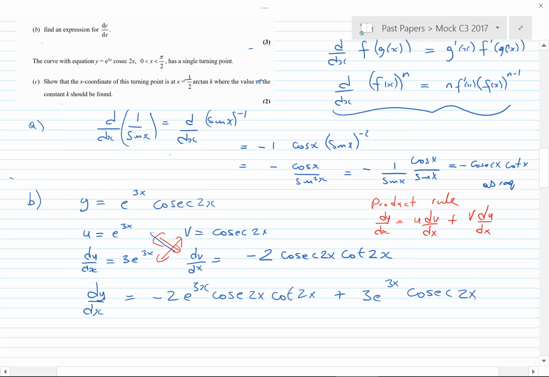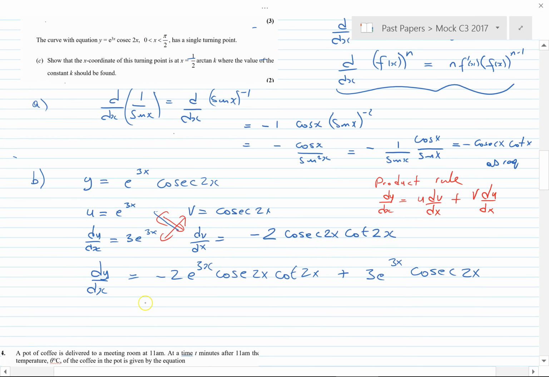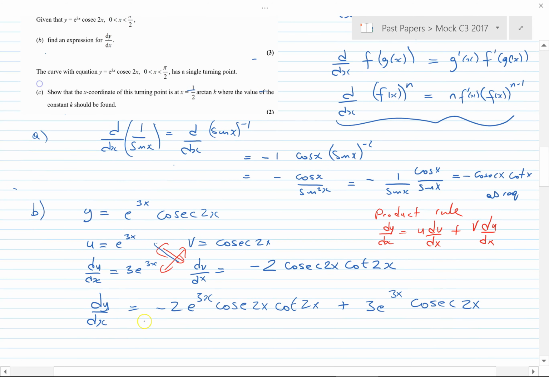Now, I think that's simple enough. Yes, cosec 2x can be taken out as a factor and e to the 3x can be taken out as a factor, which will be useful in the next bit, so I'll do that anyway. But that actually got the 3 marks that were necessary for this. So that gives us e to the 3x cosec 2x times, let's swap these 2 around, 3 minus 2 cot 2x, slightly simplified.